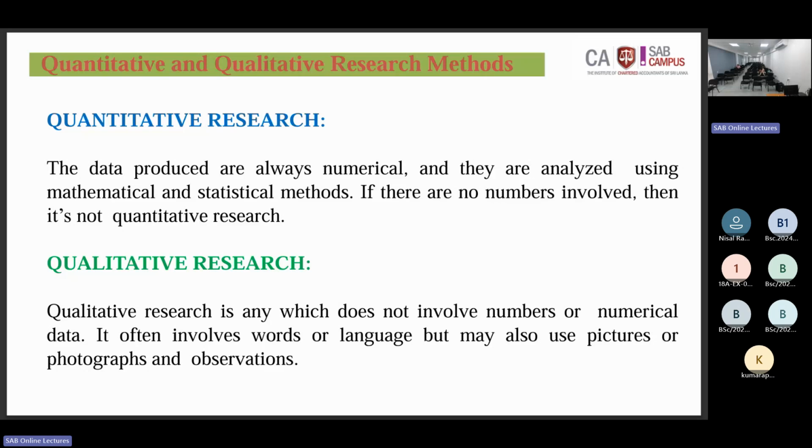Here it has been mentioned, quantitative research, the data produced are always numerical and they are analyzed using mathematical and statistical methods. So that is the important part. We collect the numerical data, plus that numerical data will be analyzed through the mathematical plus the statistical models.